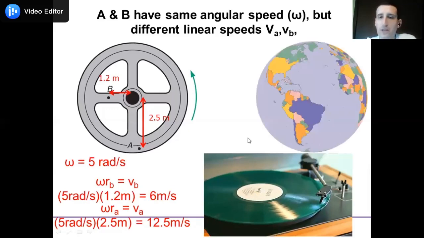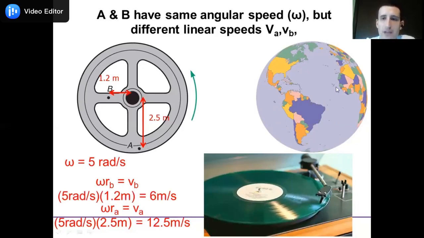So we can think about that with the world, right? We can think about different people at different places on the world. We know the world is a sphere, and it's spinning through an axis that passes from the north to the south pole. So the people at the equator in the middle, they're going around the biggest circle. They have the biggest distance to go, right?